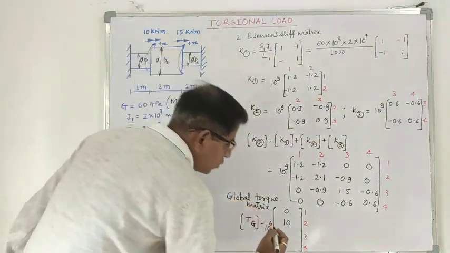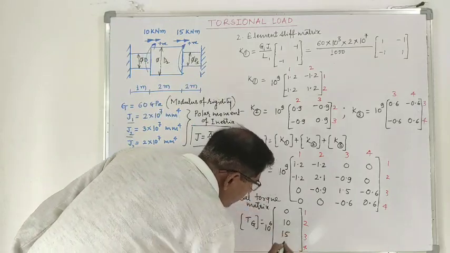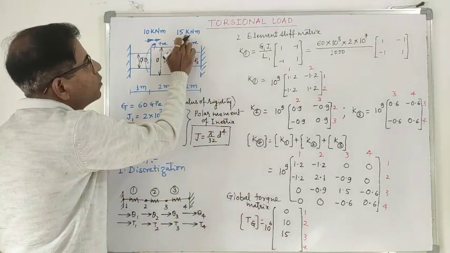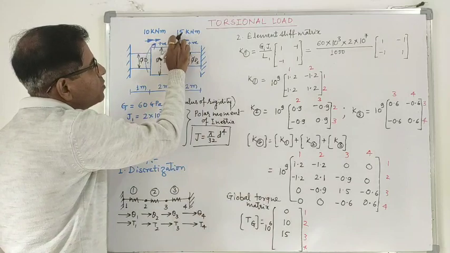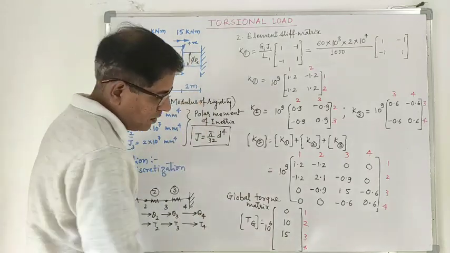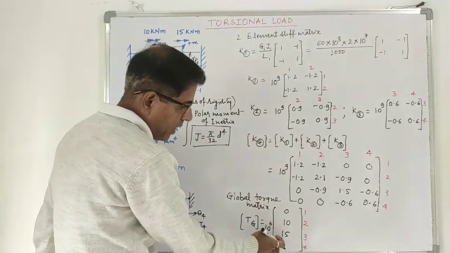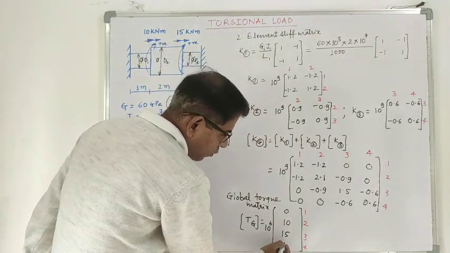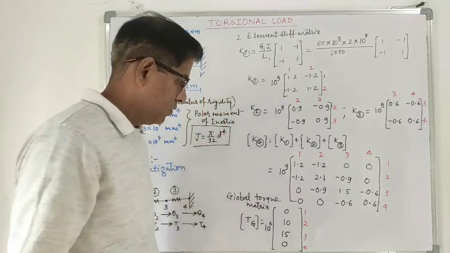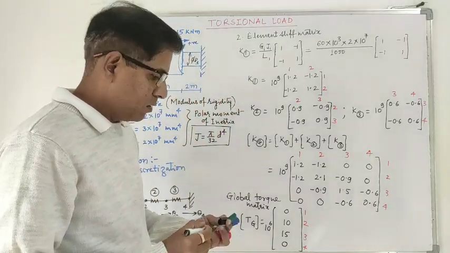At node number 3 also there is a positive torque of 15 kilonewton meter. So converting kilonewton to newton and meter to mm, this becomes 15 into 10 to the power 6. So we have kept 10 to the power 6 outside the bracket and inside the bracket as 15. And at node number 4 there is no torque. So this is our global torque.